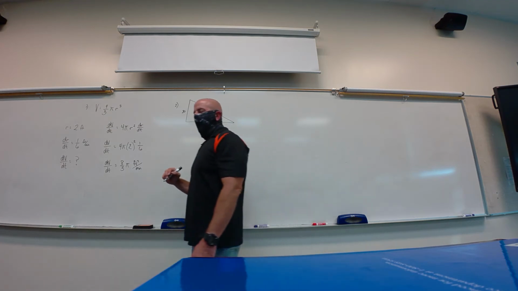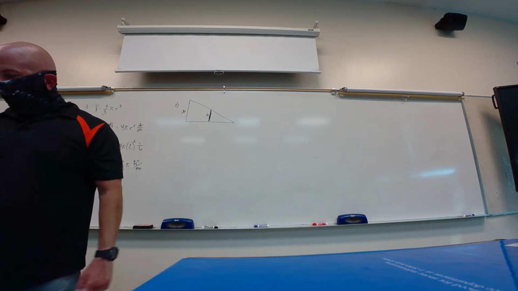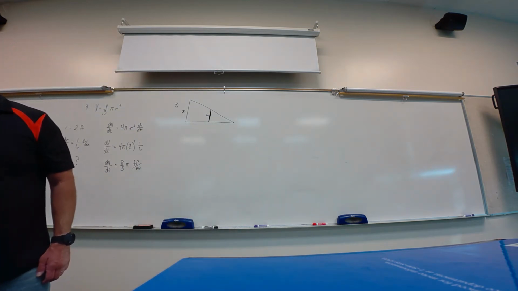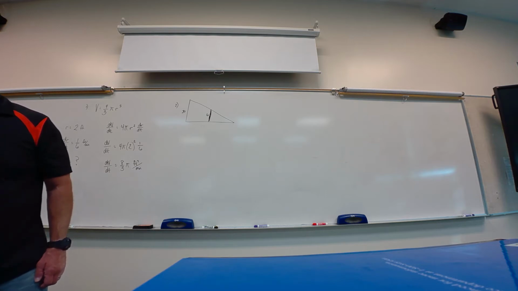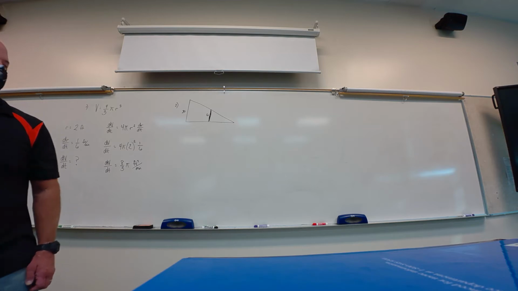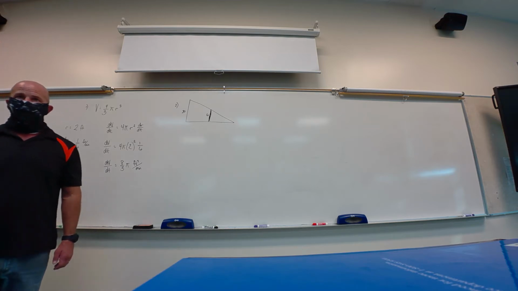All right. Now, what we're also given, the person's walking away at 7 feet per second. At what rate is the person's shadow increasing? All right, I need some variables up here.